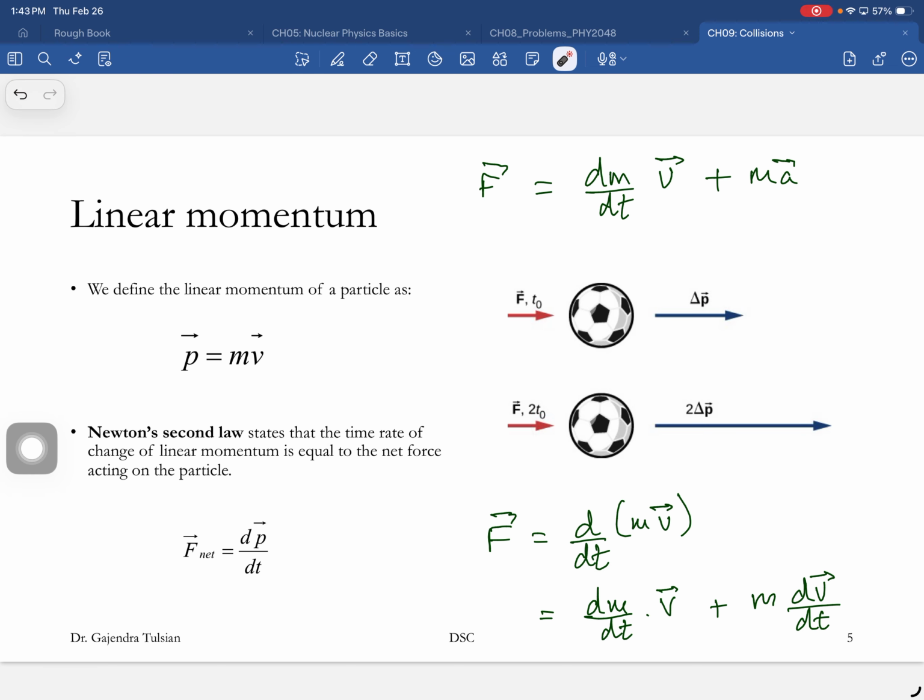Every time we told you Newton's second law, we said F equals ma. What happened to this other term? For most things, the mass isn't changing very much. When you drive from Palm Coast to here, the mass of your car changed less than 1%. You did burn gasoline, but it changed so little that you can throw this away.